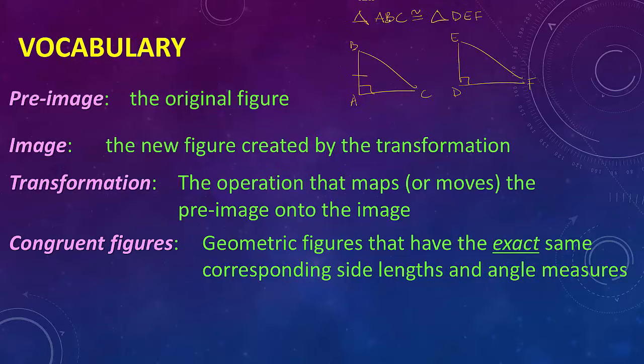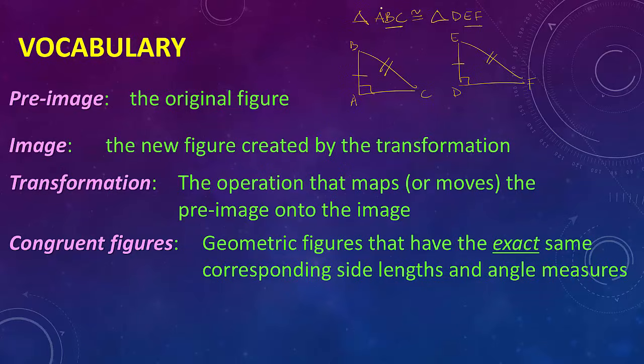If the order is A, B, C, and then we're given D, E, F, that means that if you look at AB, that would be congruent to DE, so those parts would be congruent. If you looked at, say, BC, in the same spot in the naming, so the middle and third letter of the second one, those parts are congruent.